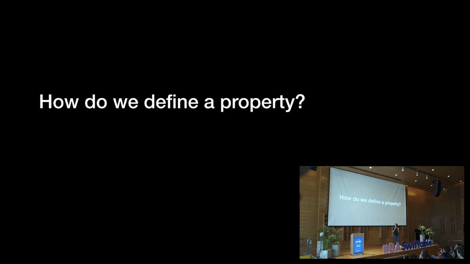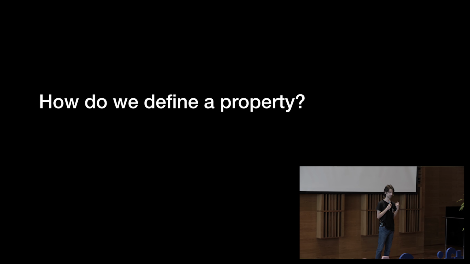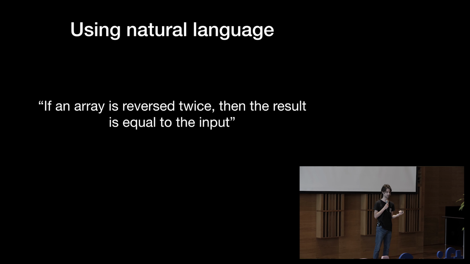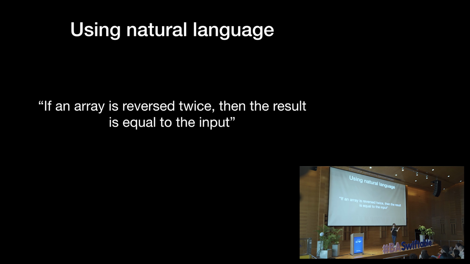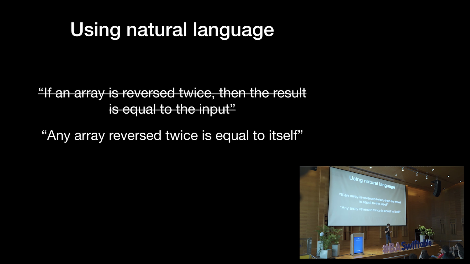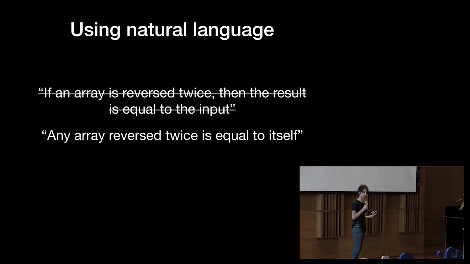How could we define a property over such a function? Well, we can start by doing it in natural language. We could say, if an array is reversed twice, then the result is equal to the input. And it makes sense because when you have an array and you reverse it twice, you get back to where you started. We can even improve it by writing it still in natural language, but in a more mathematical way: any array reversed twice must be equal to itself.